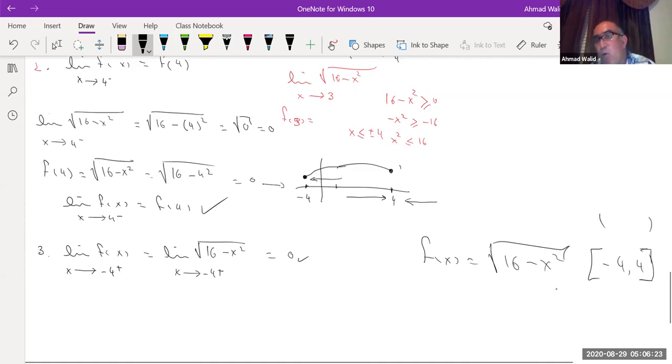I tested the open interval of negative 4 to 4, and it is continuous. I tested the left endpoint, and it is continuous. I tested the right endpoint, and it is continuous. Then the function on this closed interval is continuous. It was a simple proof, not that difficult, if you just remember those 3 criteria that I gave you about continuity, correct?